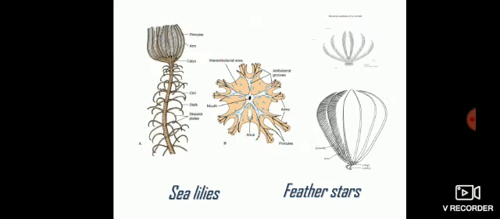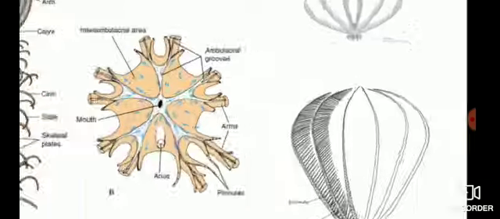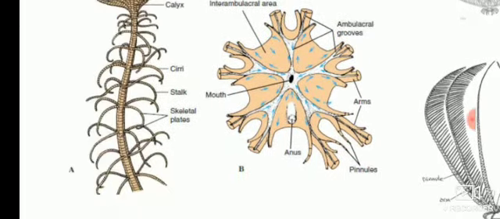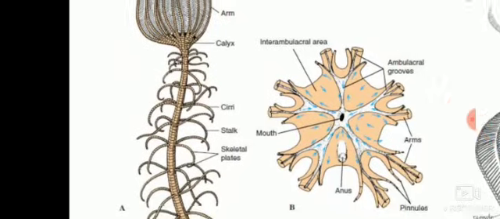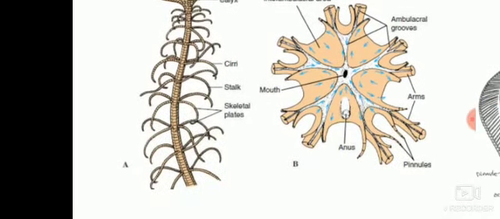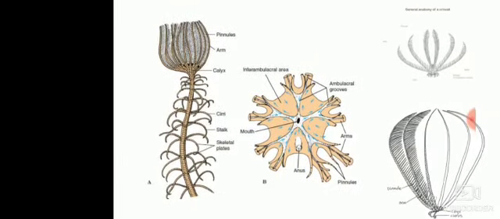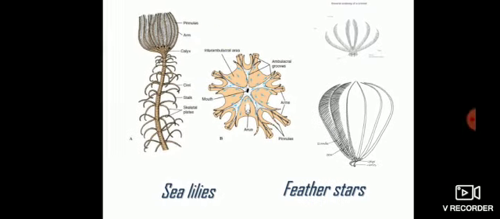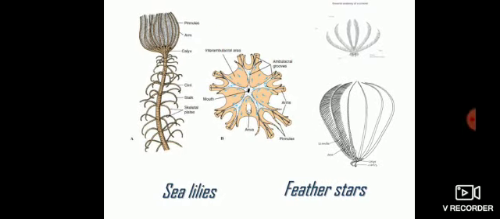We can see that sea lilies bear the stalk, but the feather star doesn't have any stalk, just cirri. The cirri are present in that area for attachment, but the sea lilies have a long stalk for their attachment with the substrate. So that is the physical difference between both of these members.